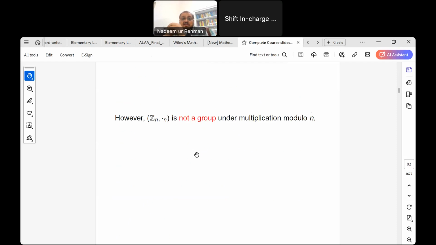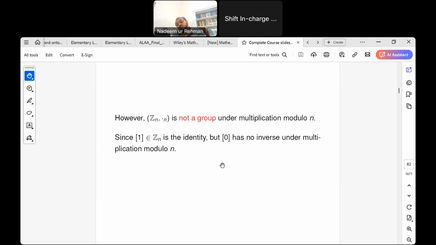But this set of integers under multiplication modulo n is not a group, because 1 is an element of Zn and is the identity, but 0 has no inverse under multiplication modulo n. The equivalence class of 0 has no inverse under multiplication modulo n. So Zn under multiplication modulo n is not a group.